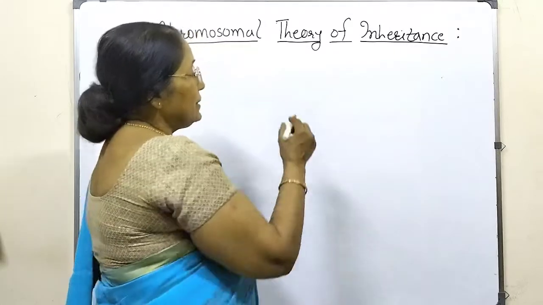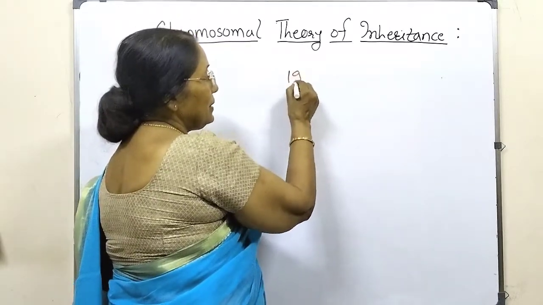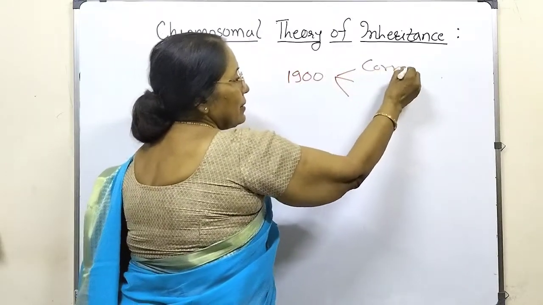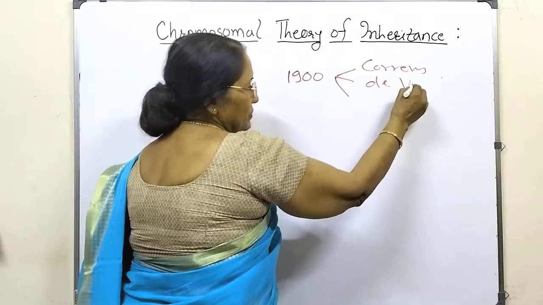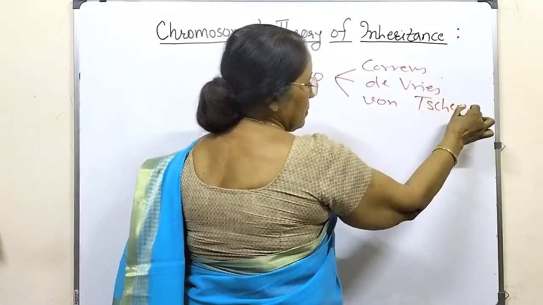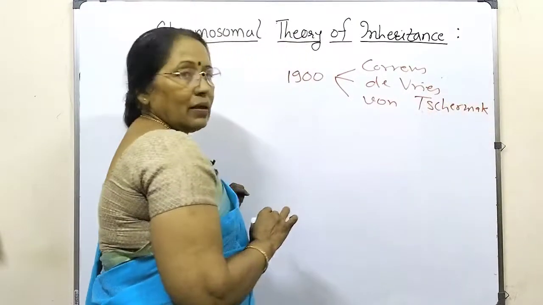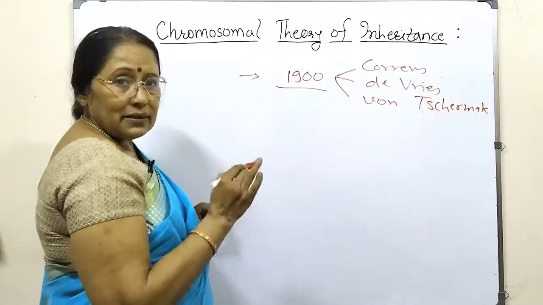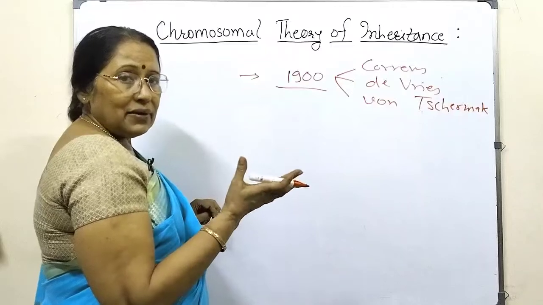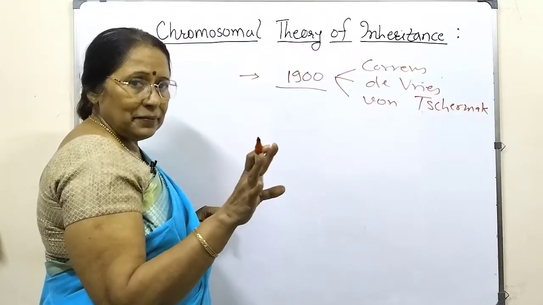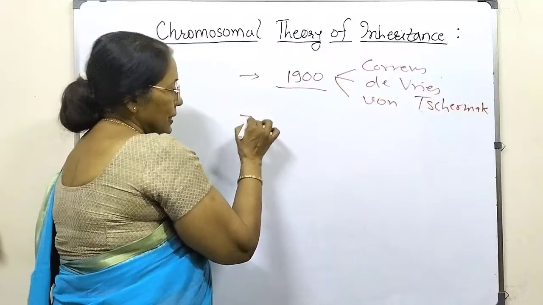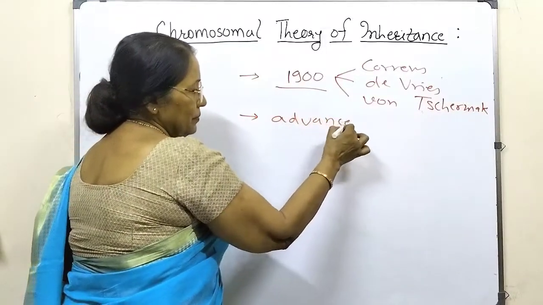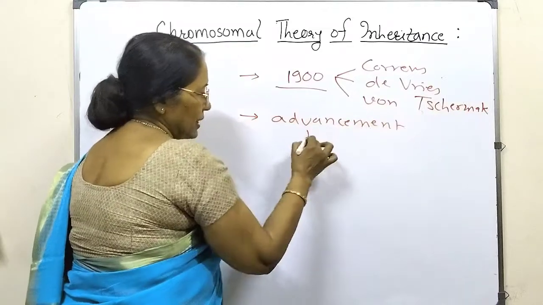Now, time passes, and in the year 1900, the three scientists rediscovered Mendel's work, and they did it independently. They were not working together. Then there was much advancement in the field of microscopy.